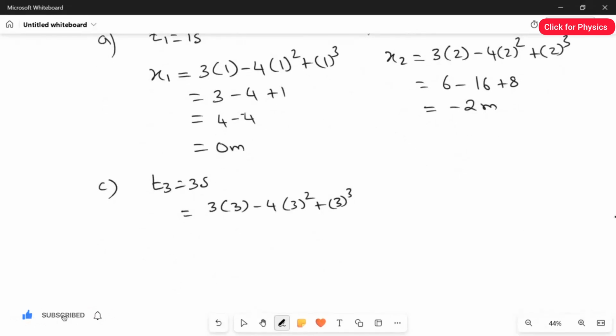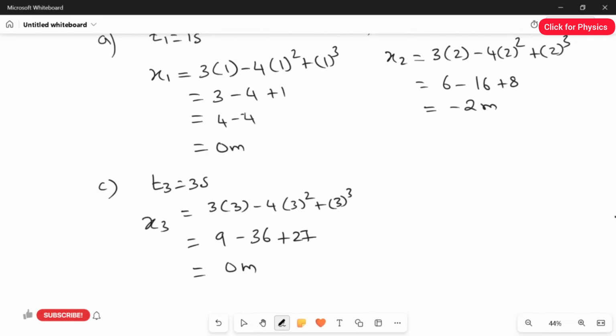For this x3, 3 multiplied by 3 is 9. Here we got minus 4 multiplied by 9 is 36, and then 3 power cube is 27, right? And here we got the value of x3 as 0 meter.